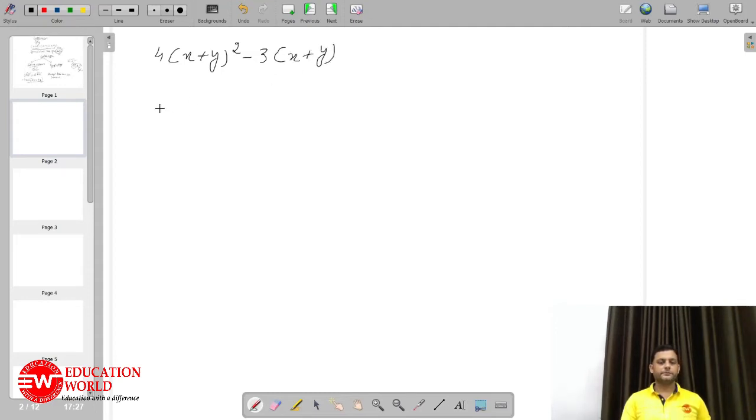Okay, now this type. 4 and 3 have nothing common except 1. But see here, a bracket is there, the same bracket is here, but here power 2, here power 1. So what power? You will take the minimum power common.